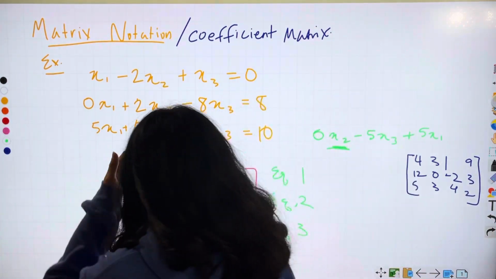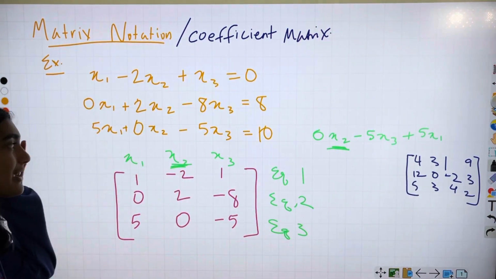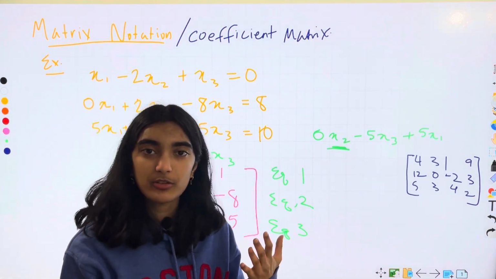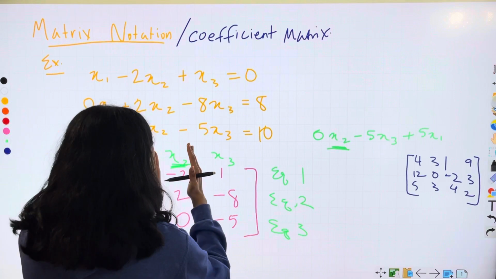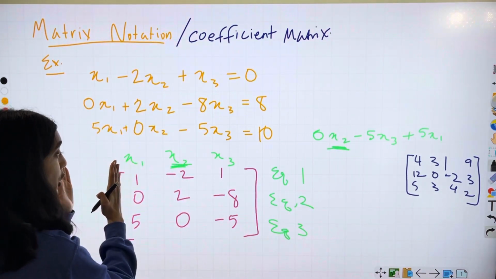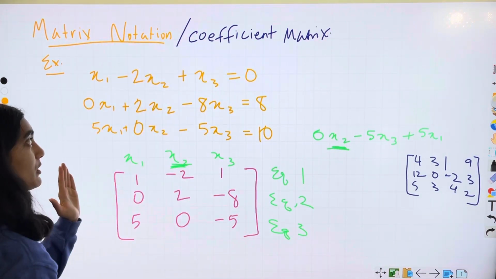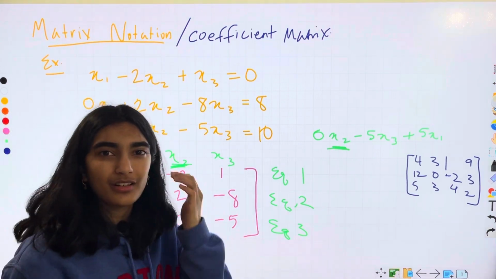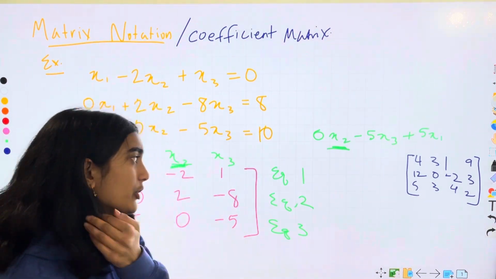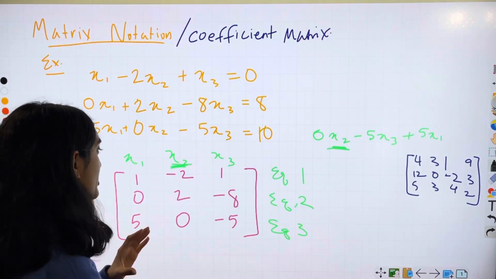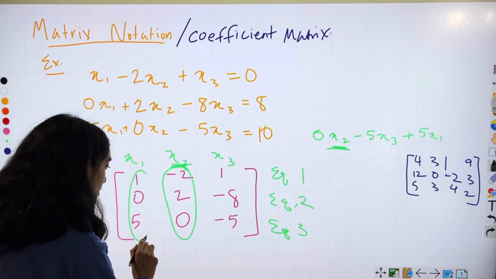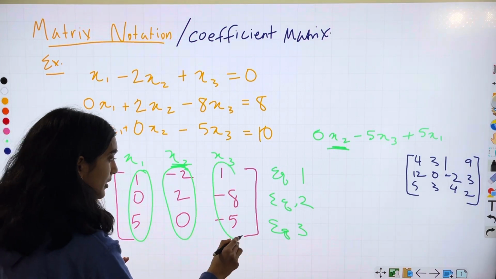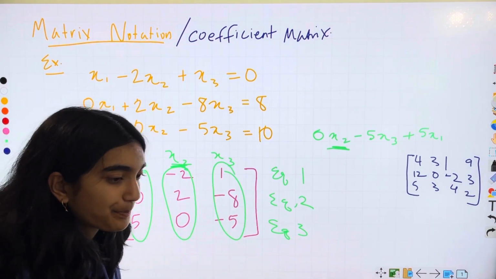But by the way, x1, x2, and x3 are just variables. They don't have to be in order. Like, you can put the entire column first, right? Like making x2 your first variable, although that would be sort of confusing, but you could do that. All that matters is that these numbers are in the same column, wherever those columns are. Okay? These numbers need to be in the same column.